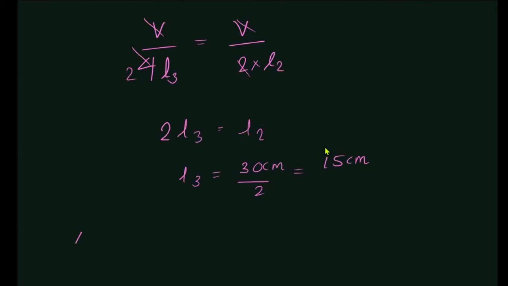So the length reduction should be from L1 to L3, which means 15.13 minus 15 centimeters. So we need to reduce the length by 0.13 centimeters. This is not very precise, the answer, but this is how you solve this problem, right?